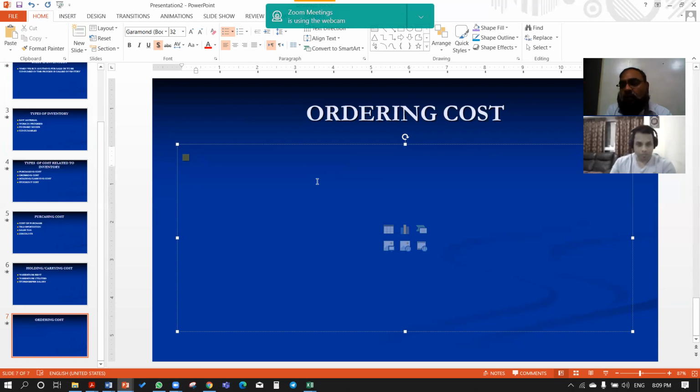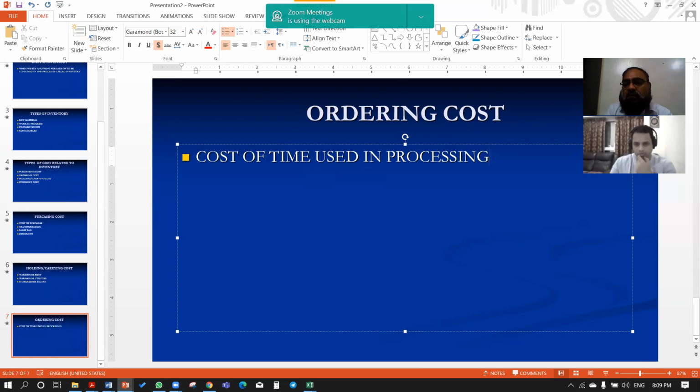When you order, you incur some cost: the cost of time used in processing, and sometimes tendering cost. So we can see there is cost involved whenever we are doing purchasing.